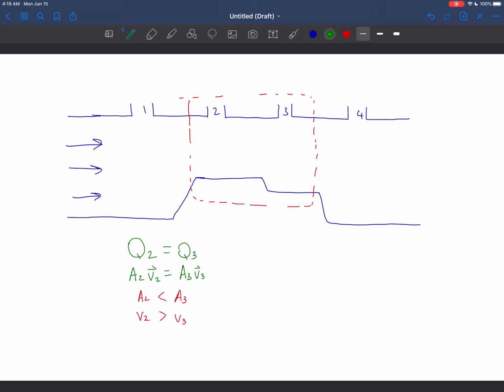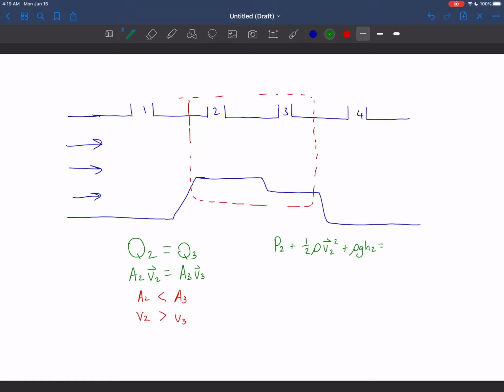I also want you to remember something called Bernoulli's equation. In this situation, Bernoulli's equation says P2 plus 1/2 rho V2 squared plus rho g H2, which is the same thing as Z, it's just depth.